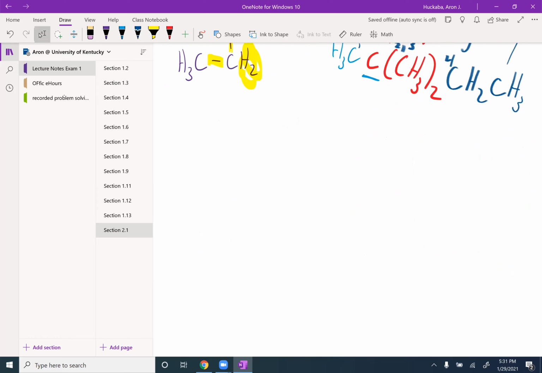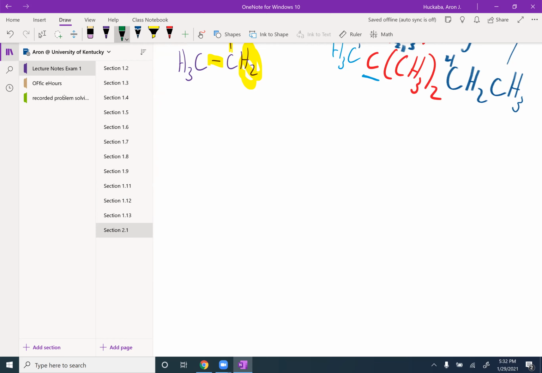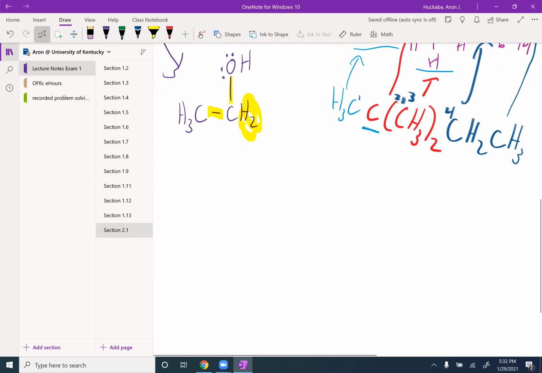And that might sound stupid to you at this moment, but I would reason to say that if I were to draw a very complicated molecule, even the partially condensed structure that I just drew isn't enough.